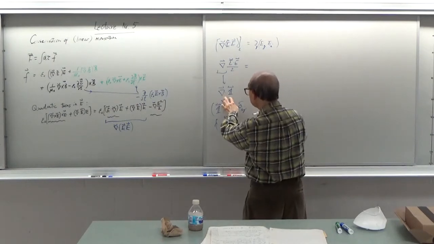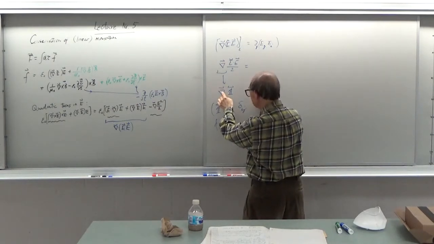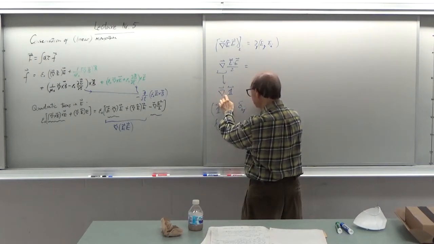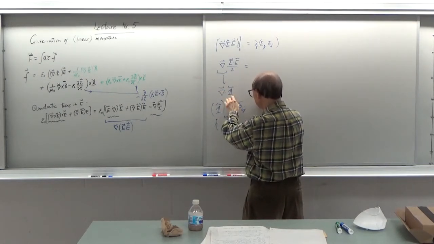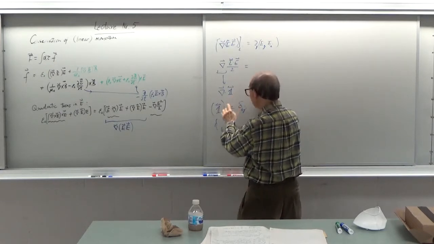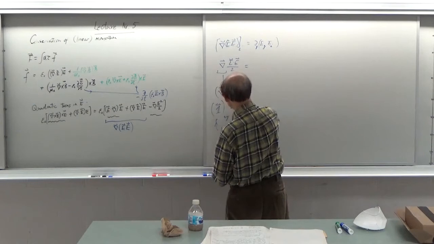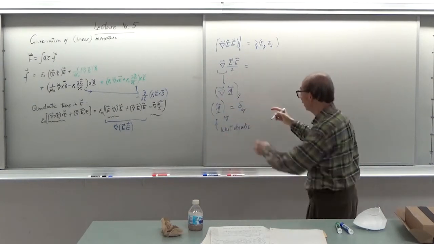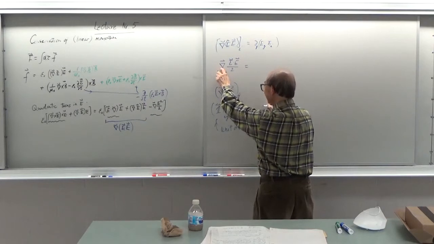So this index carried by gradient with the ith index carried by the tensor, so that the whole thing has one index left. So it's a vector, like this vector.